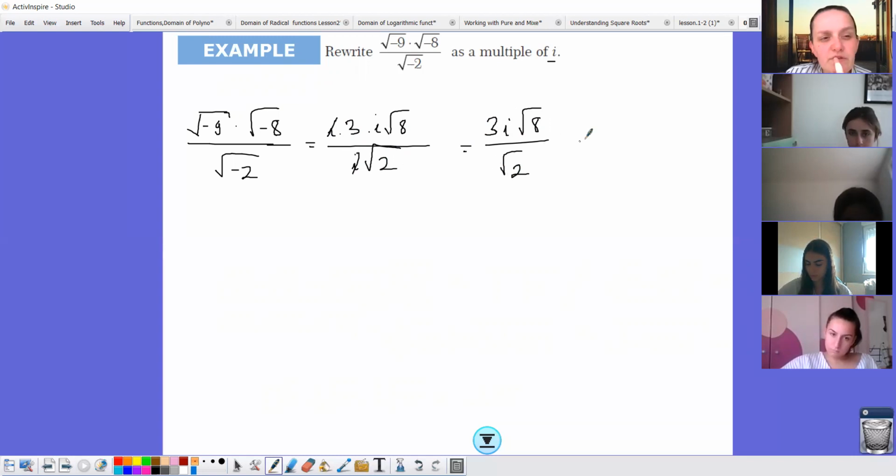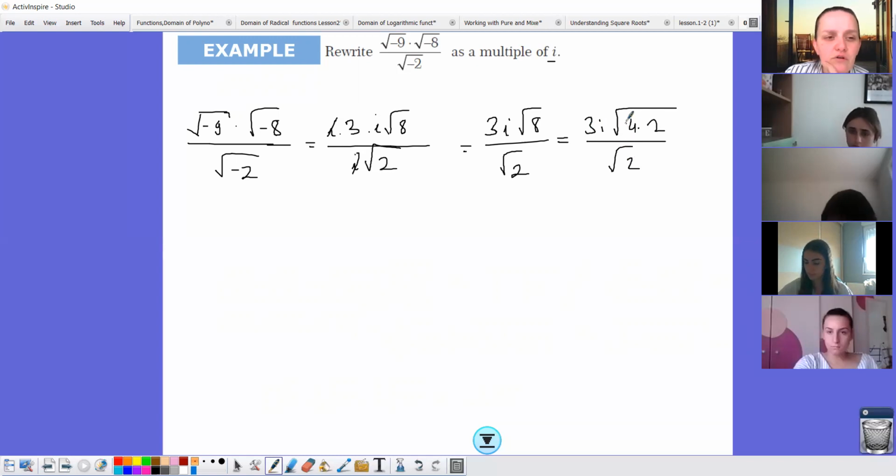Can I do some more simplifications here? Root of 8, how can I write root of 8? As a multiplication of two numbers. 4 times 2, so root of 8 is root of 4 times 2, over root of 2.